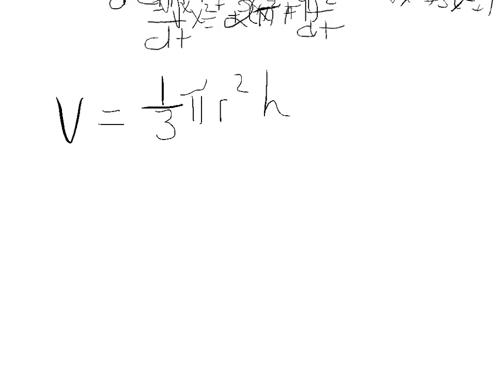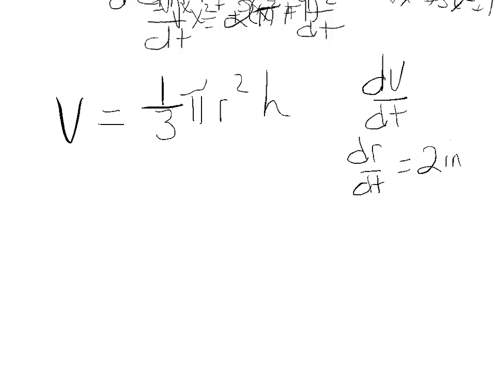Not constant. I'm going to have dv dt, dr dt, and dh dt. But what are we trying to find in this question? Rate of change of the volume. Okay, so we want dv dt. What are we given? We were given dr over dt is 2 inches and the height is 3r.